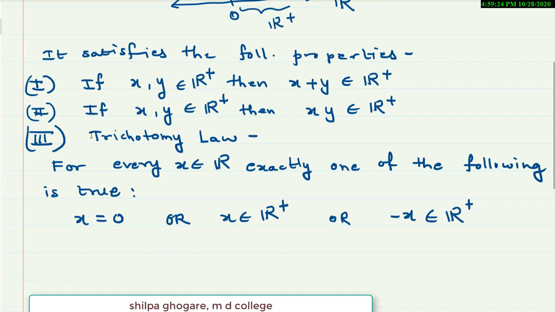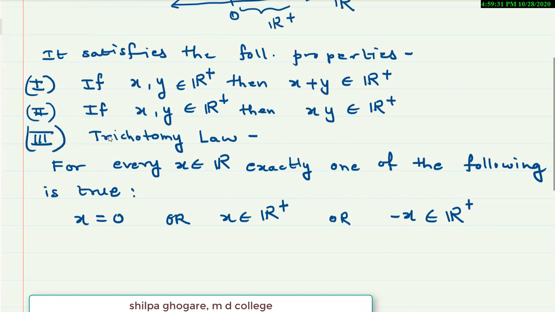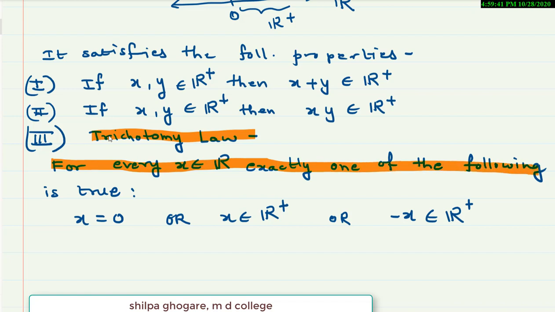The third and a very important property is known as law of trichotomy. It says that for every x in R, exactly one of the following is true. Either x is 0, or x belongs to R plus, or minus x, the additive inverse of x, belongs to R plus.